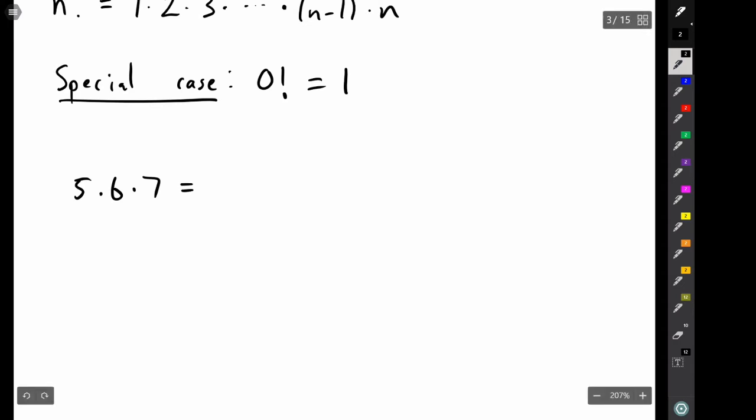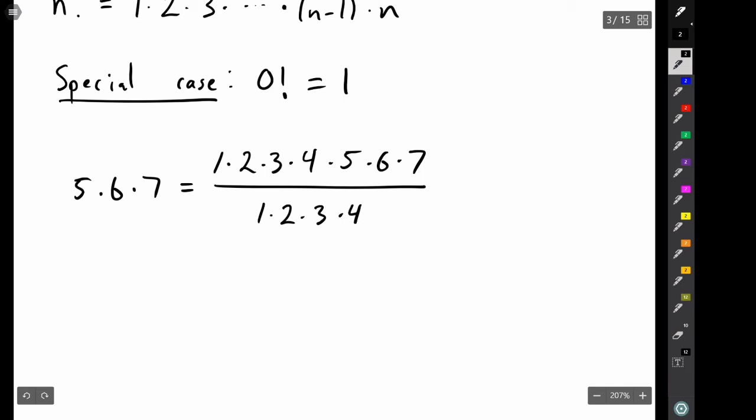What we can do then is say, well, what if I add in the stuff that I'm missing, 1, 2, 3, and 4, but then divide by that extra stuff? Right? So really, this gives me 7 factorial over 4 factorial, which is kind of neat.